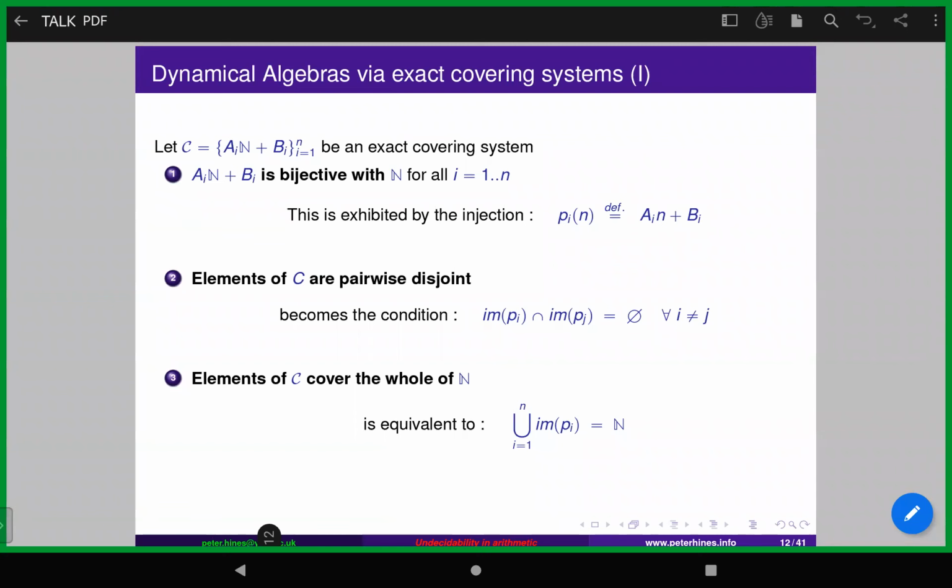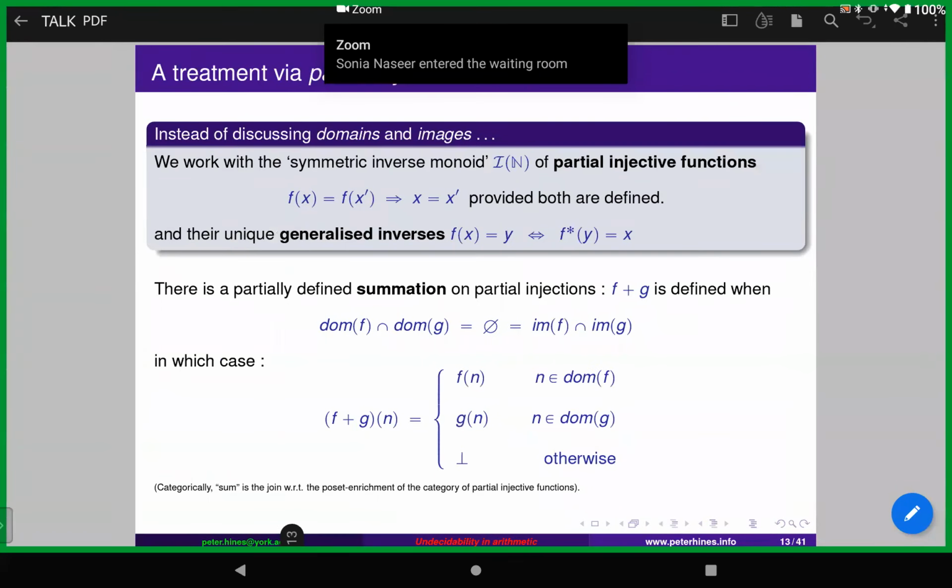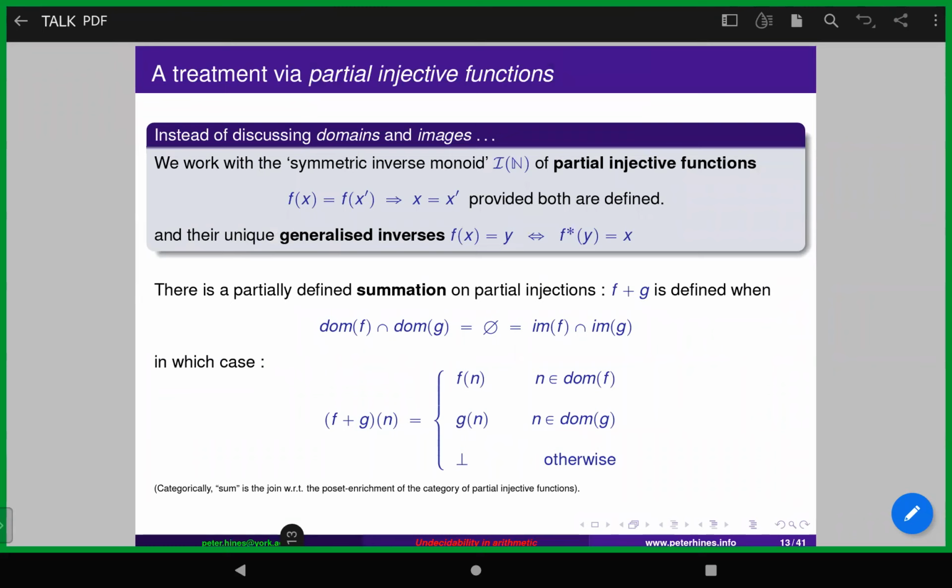So let's continue and describe it more algebraically. And in order to do this, we're not going to work with functions, we're going to work with partial functions. And as well as allowing our functions to be partial, we're going to insist that they're injective. So f(x) equals f(x'), well, that only happens when x equals x', provided that both f(x) and f(x') are defined.